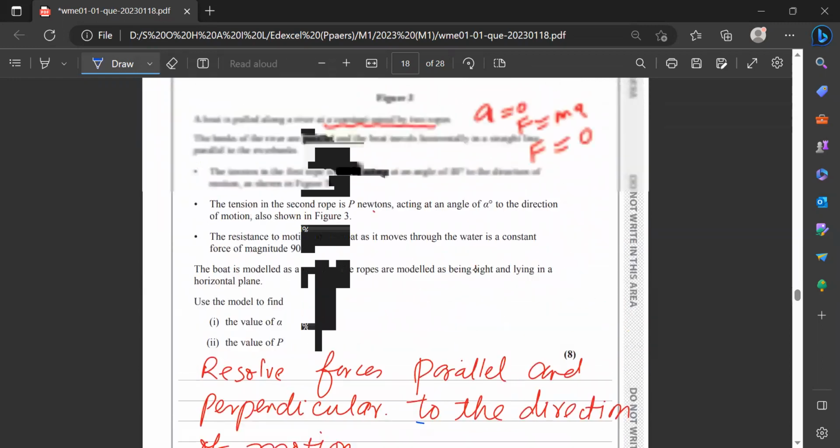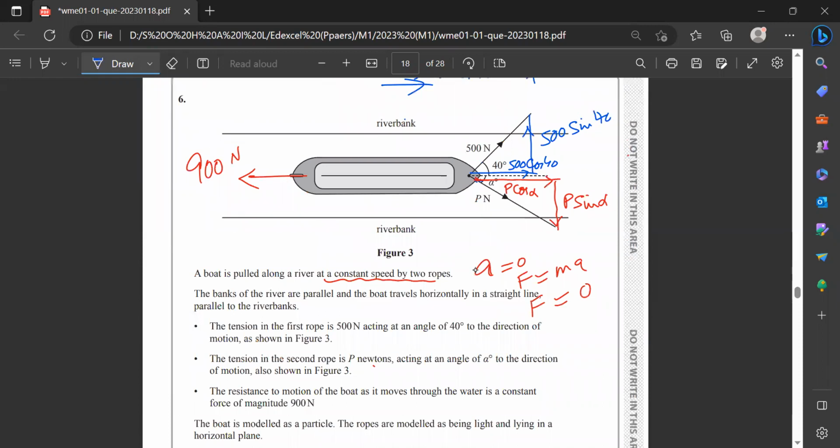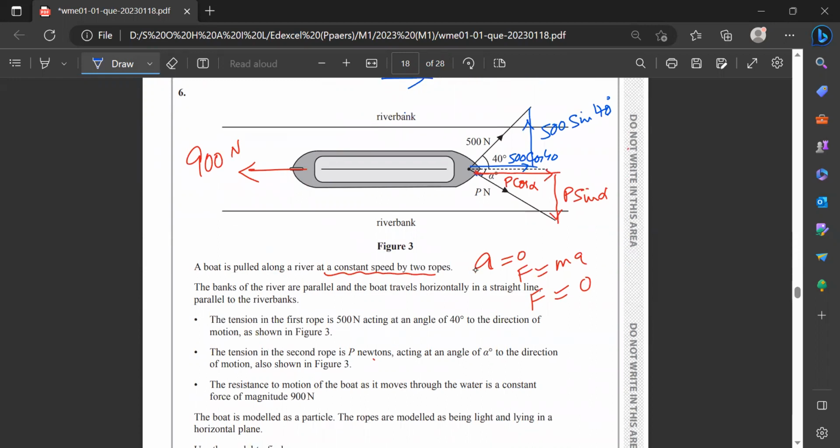And here the two forces towards the right are P cos of alpha and 500 cos of 40.